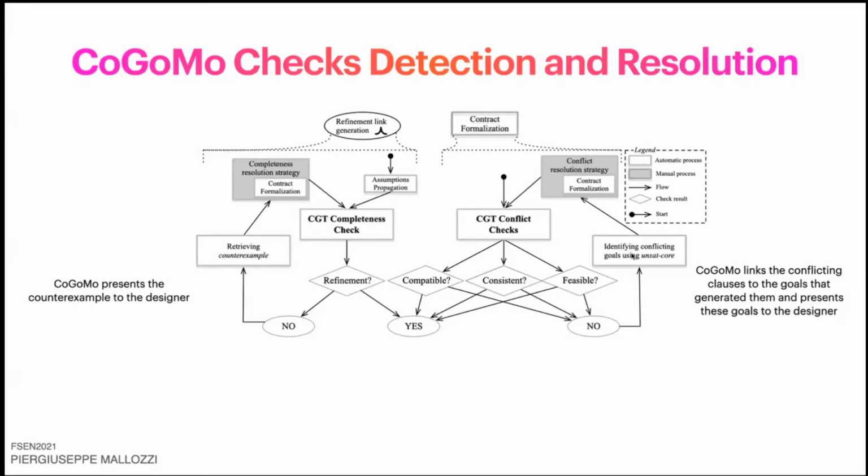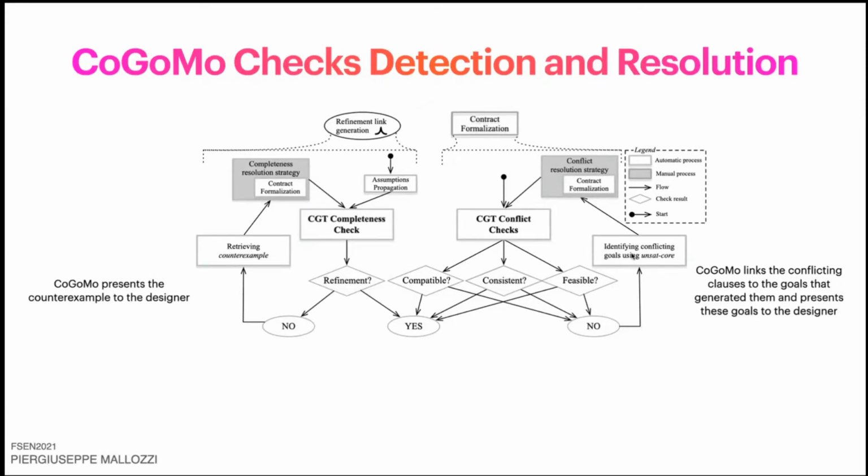Then we connect these clauses to the goals the designer expressed, and we present it to the designer as the conflict resolution strategy. That is the conflict resolution strategy that Kokomo's approach offers.